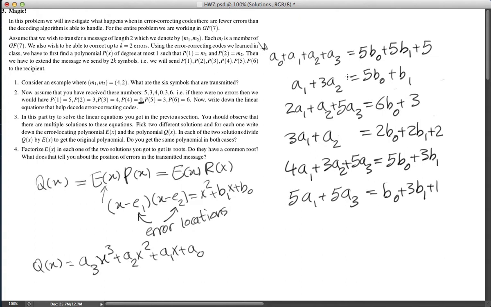Okay, now if you look at this, we have a system of 5 linear equations and 5 variables here. So the way to solve the system of linear equations is to solve this smaller system and then plug back in the values we get for a1, a2, a3, b0, b1 into the first equation to get the value for a0.